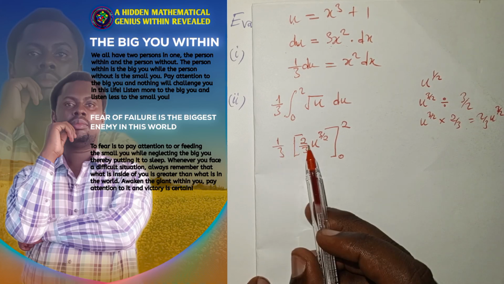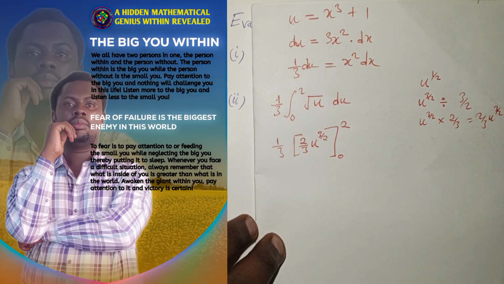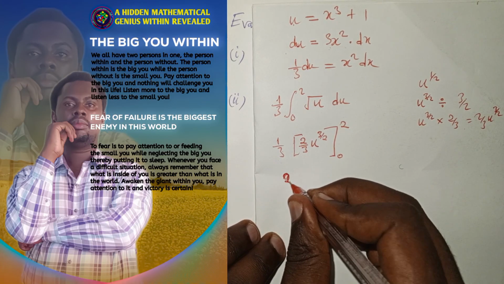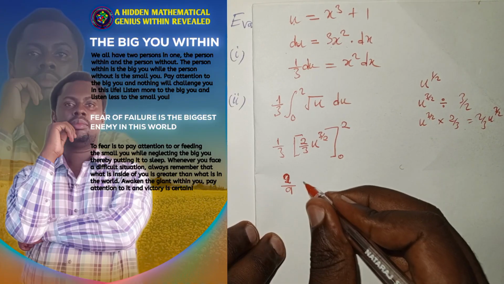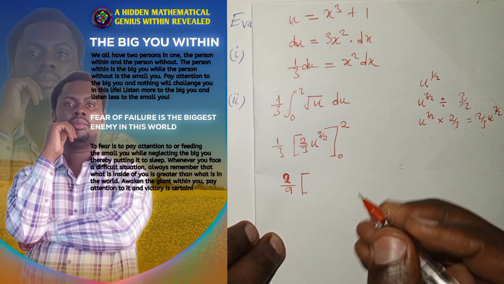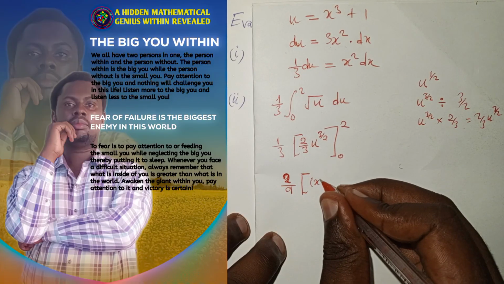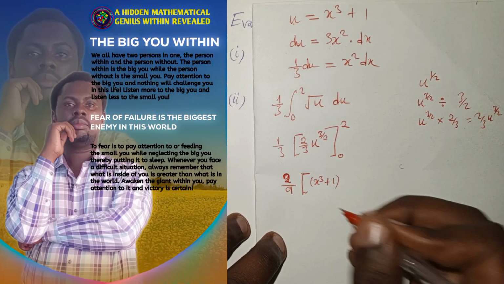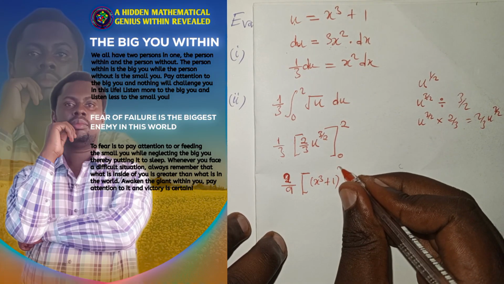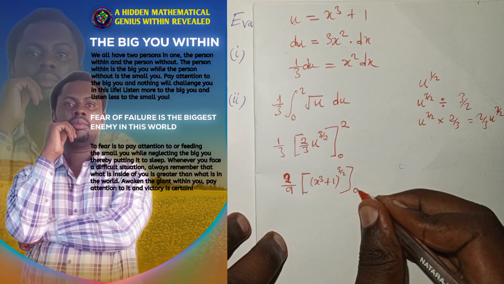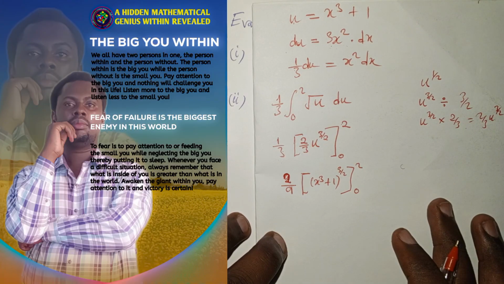So 2 over 3 multiplied by 1 over 3, you get 2 over 9. Then in brackets, we have u, which is x cubed plus 1, to the power 3 over 2, and we have limits from 0 to 2.